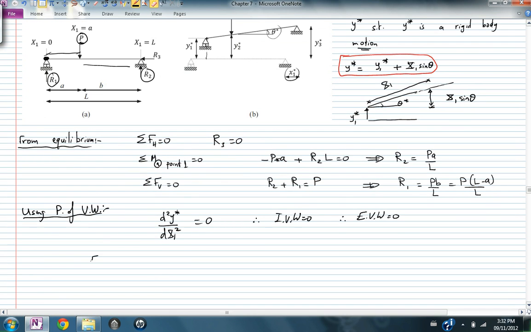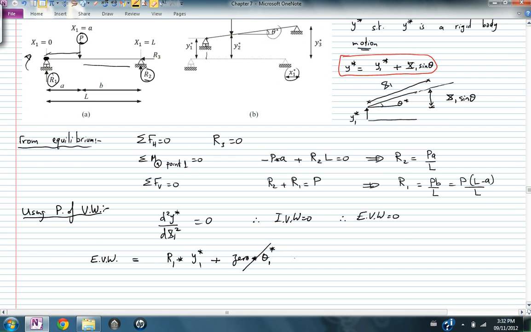Okay, let's write the external virtual work. The external virtual work is equal to the first reaction, R1, multiplied by the displacement at this point, which is y star 1, plus, I have a 0 moment here, 0, multiplied by theta 1 star.